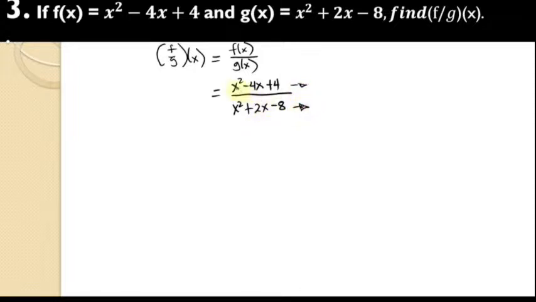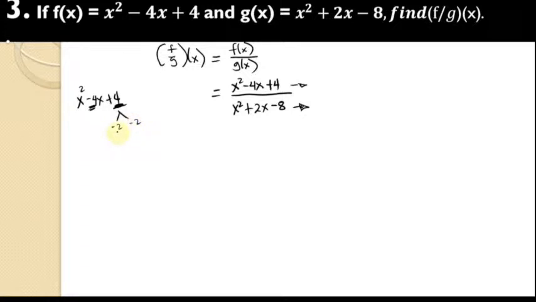So tingnan natin yung numerator natin, pwede pa i-factor, and the denominator pwede rin. So ano yung factor ng x squared minus 4x plus 4? Tingnan natin yung last term. So what are the two numbers that if you multiply, the result is positive 4, and if you add the two numbers, the result is negative 4? So that is negative 2 and negative 2.